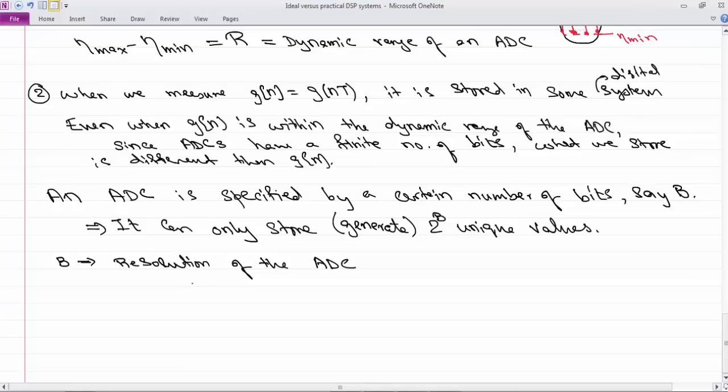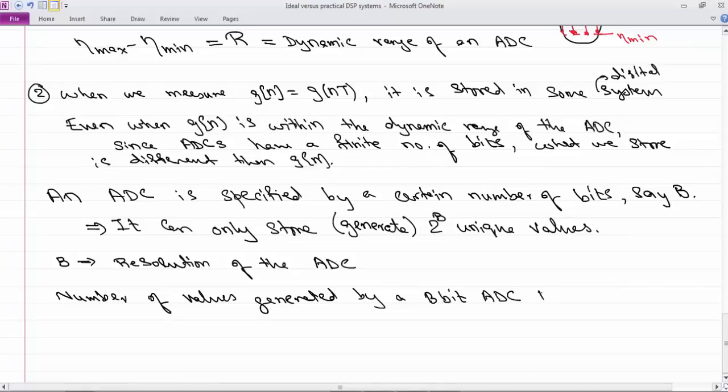So the number of values generated by a B-bit ADC, let's call it n, is of course 2 to the B. Okay.